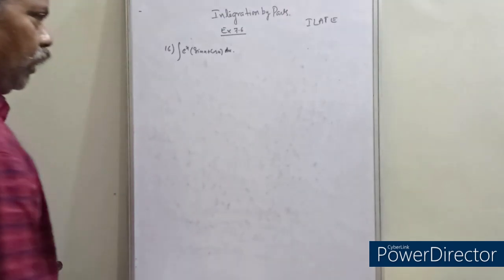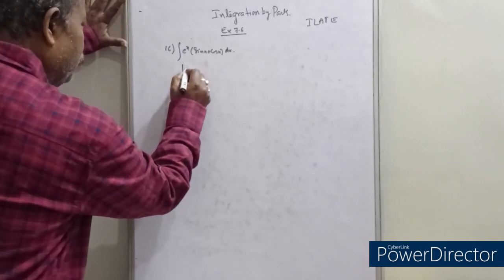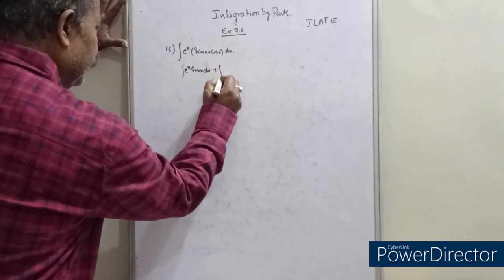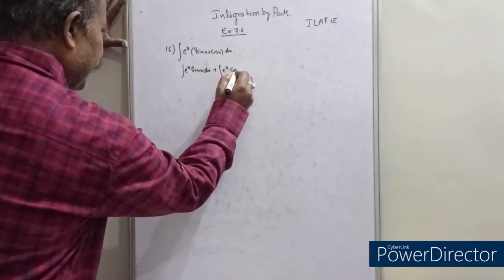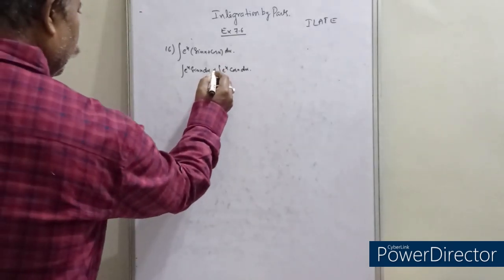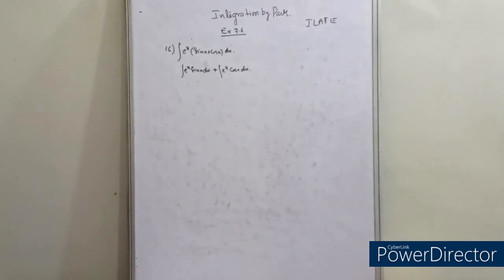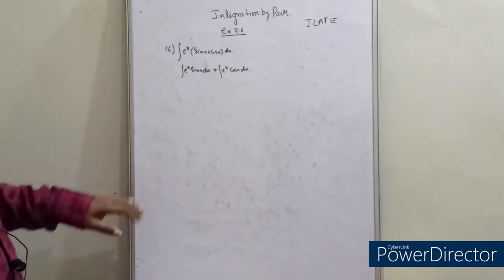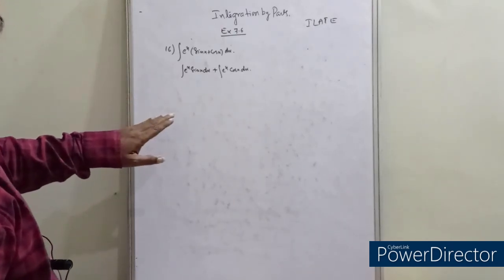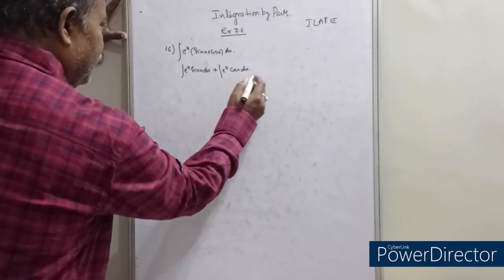See how I am going to solve it, making it into two parts: e to the power of x sin x dx plus e to the power of x cos x dx. Now what I am going to do here is integrate only one of these two. You can select any one of these two and the other one will be kept as it is.